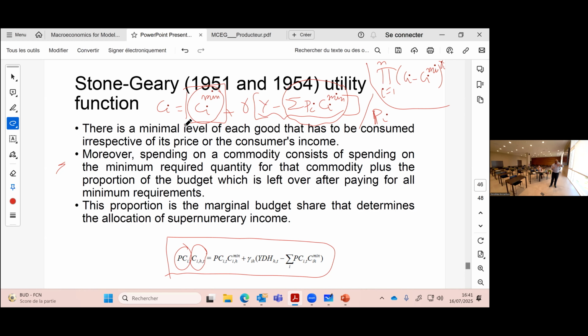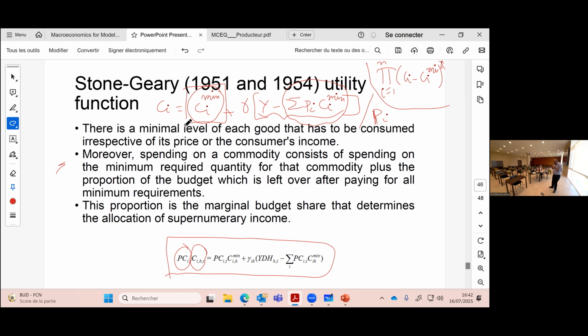Just to clarify something, when we have a CGE model and we are modeling the production side, we have to use a specification. For an introduction level, we have to use one or the other, Cobb-Douglas or CES.